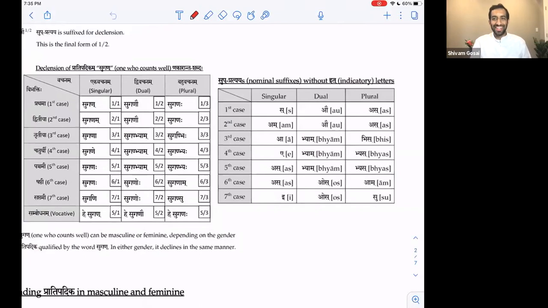So as we've been seeing, we have these supratyayas that are there for masculine and feminine, and neuter is slightly different, but not too different. And this is what we're chanting, su-ojas, am-ojas. That's with the it letters.